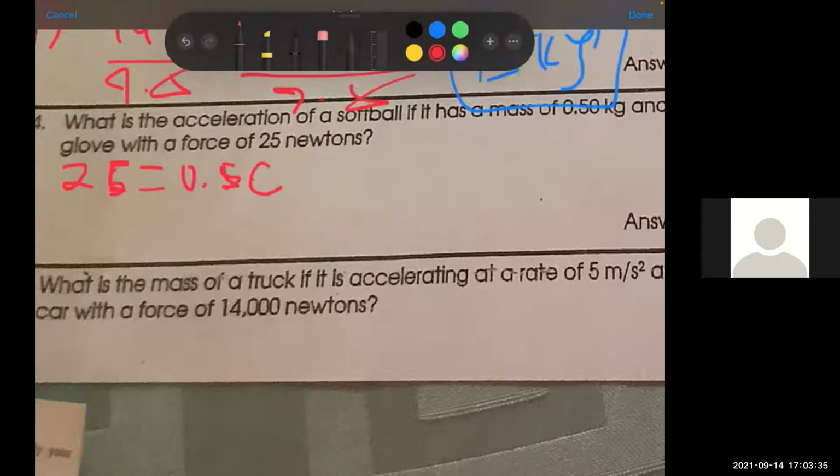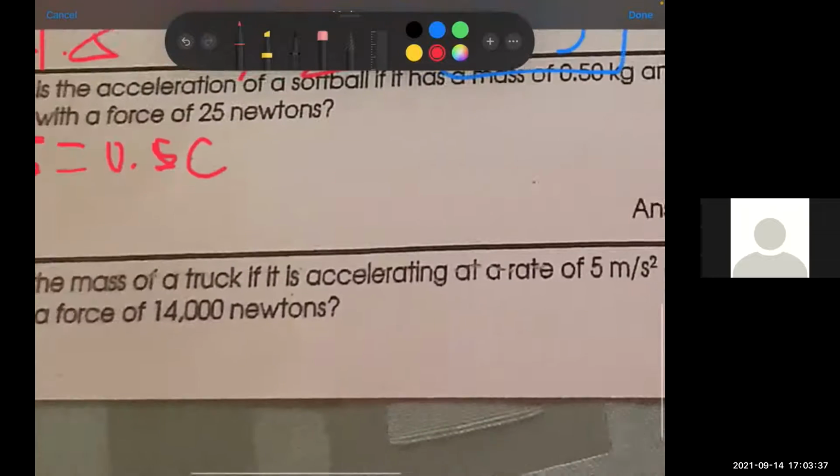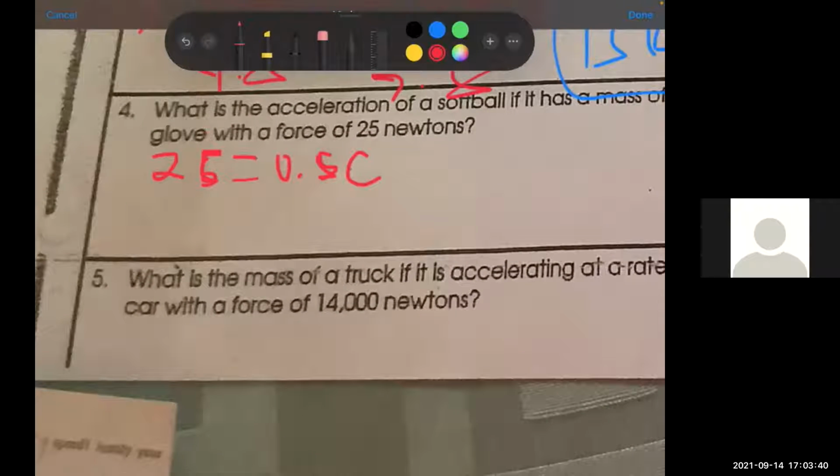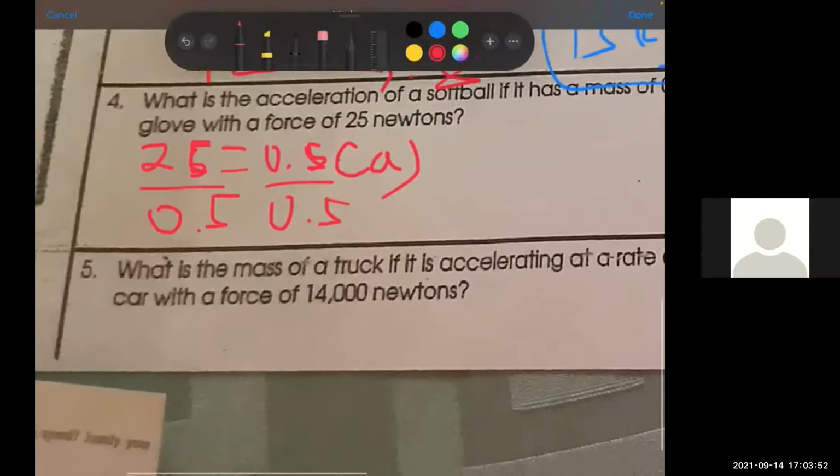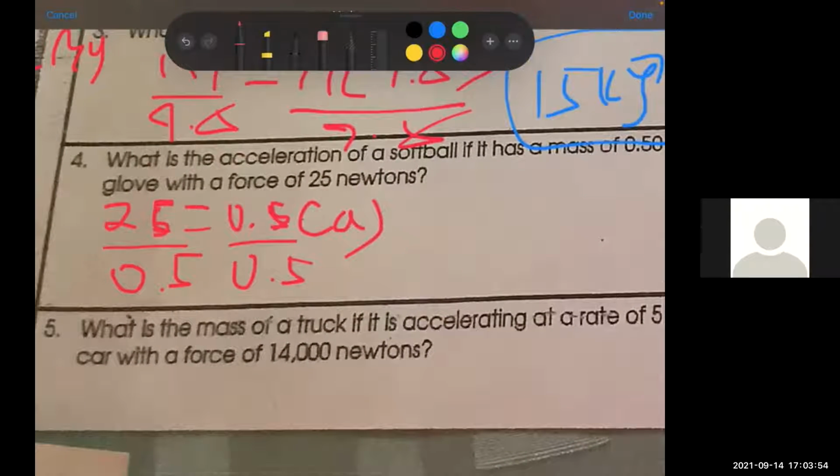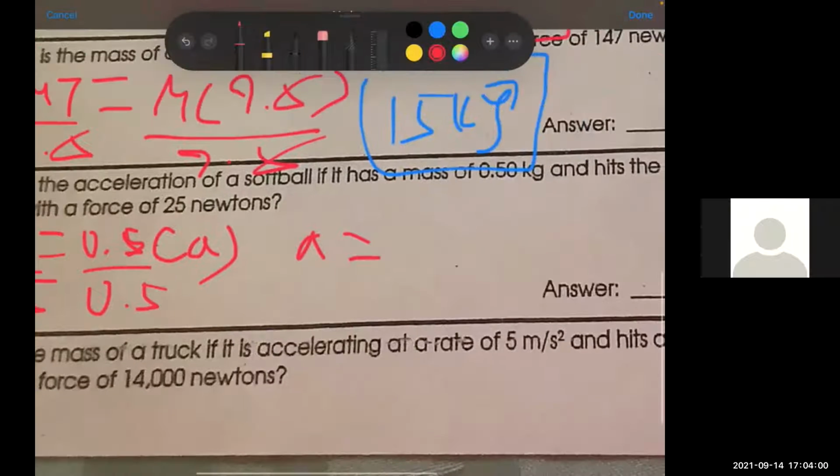But also we can solve for A. If I move 0.5 out of the way, you should get A by itself, which should be in meters per second squared.